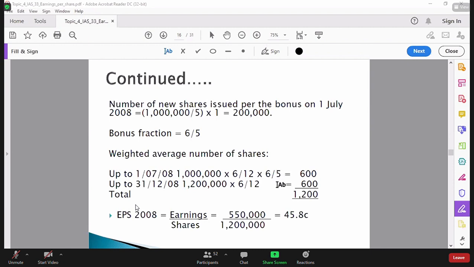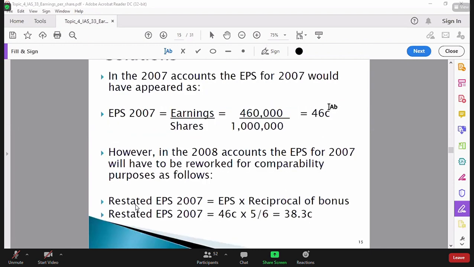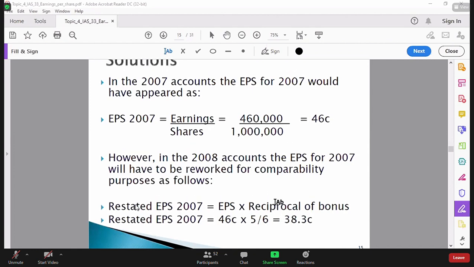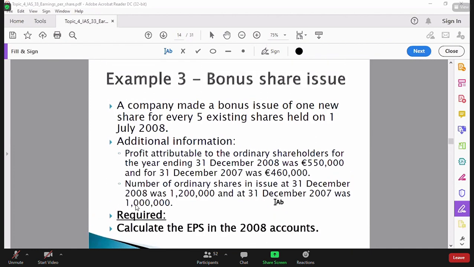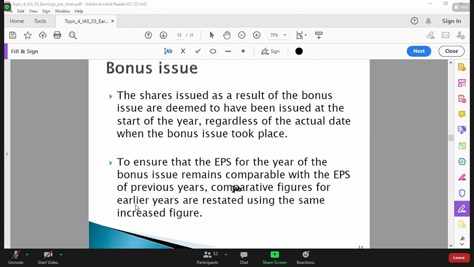If you compare with 46, it is not comparable because you have the bonus issue. So when you restate that one, it will be more comparable, as the standard mentions here: to remain comparable with the EPS of the previous year, comparative figures for earlier years are restated using the same increase figure.